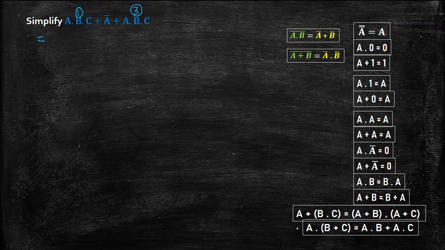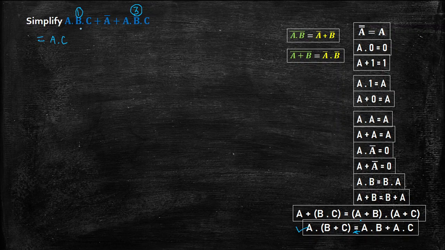The law that is going to be used is this law, the distributive law. We are on the LHS side of this distributive law, and we will be converting to the RHS side. Let us see how to use it. For terms number 1 and 3, taking A and C common, I am writing A dot C common from these two terms.